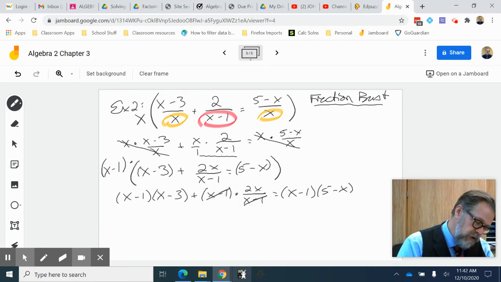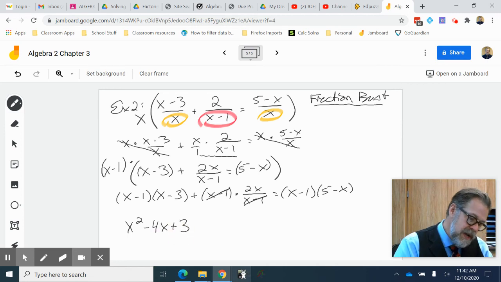This reduces, and now I can multiply out these quadratics, x squared minus x minus 3x plus 3 plus 2x, because that's all I'm left with here, equals, and then multiplying this out, I've got negative x squared. Let's see, 5x plus x is plus 6x and minus 5.